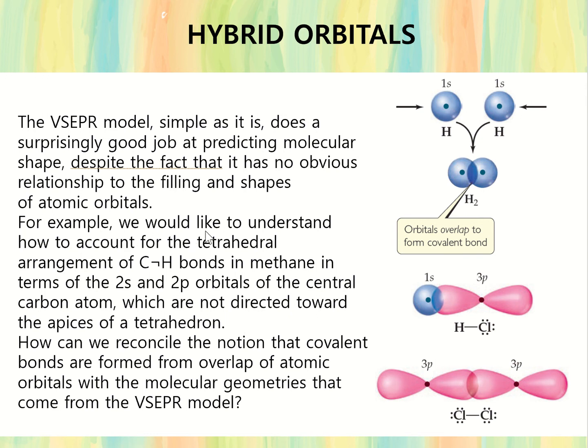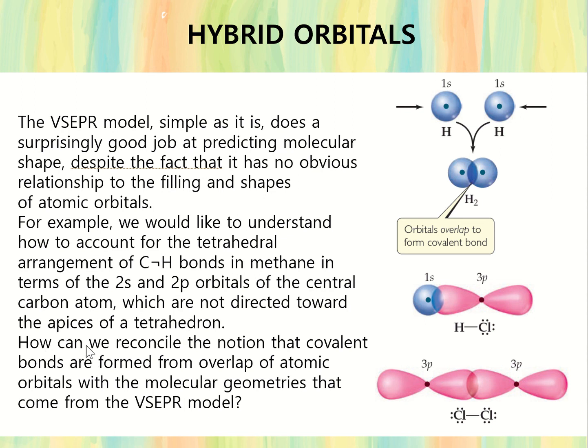For example, we would like to understand how to account for the tetrahedral arrangement of the carbon-hydrogen bonds in methane in terms of the 2s and 2p orbitals of the central carbon atom, which are not directed towards the apices of a tetrahedron.